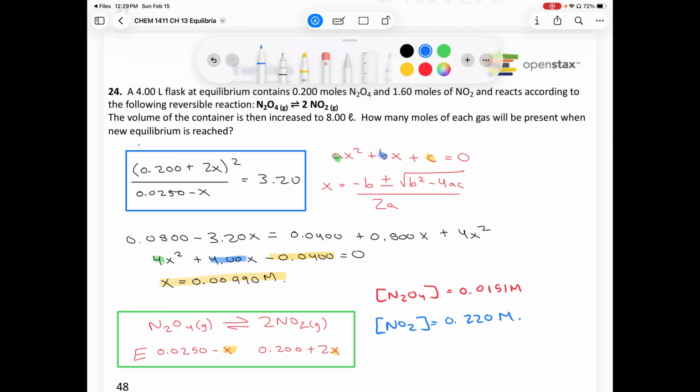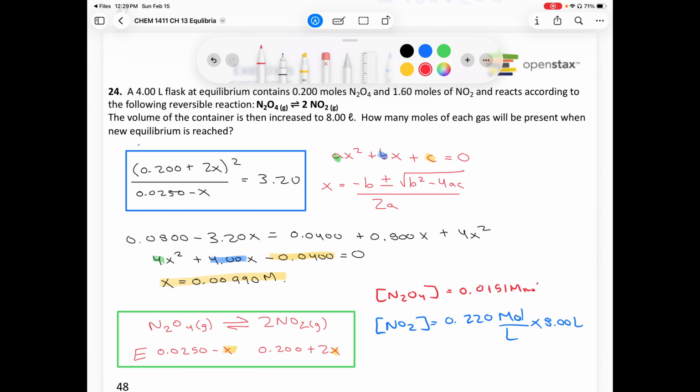When I do that, I get the concentration of my NO2 is equal to 0.220 molar. Now if I want to figure out how many moles of each one of these I have, since I know that these represent moles per liter, I just multiply it by 8.00 liters. Same thing for the other one.